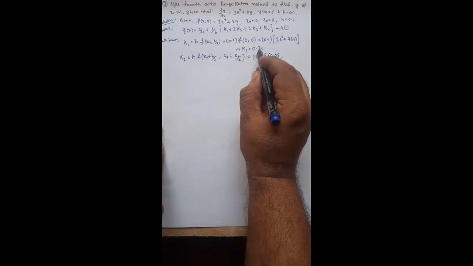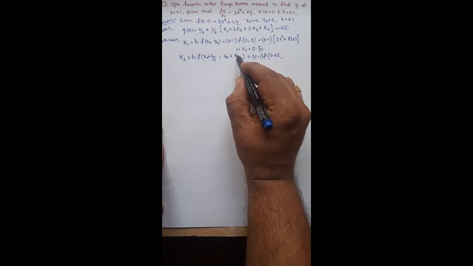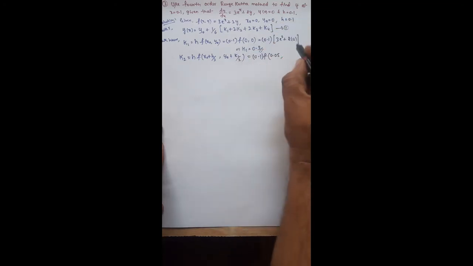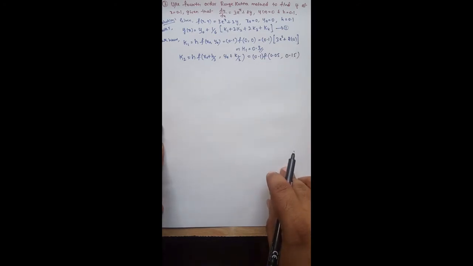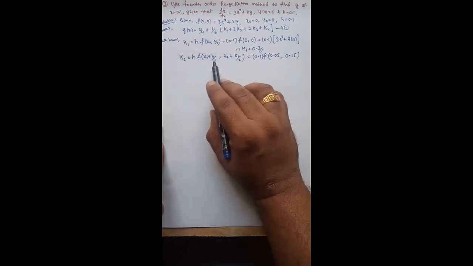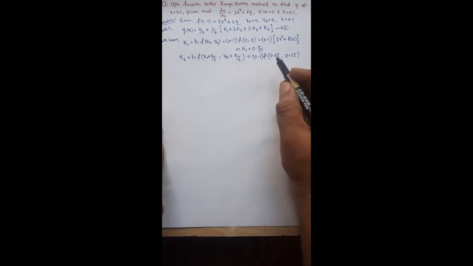K1 is 0.3, so 0.3 divided by 2 is 0.15. 0.15 plus y naught, which is again 0, gives 0.15. So this is the value of x naught plus h by 2 and this is the value of y naught plus k1 by 2.